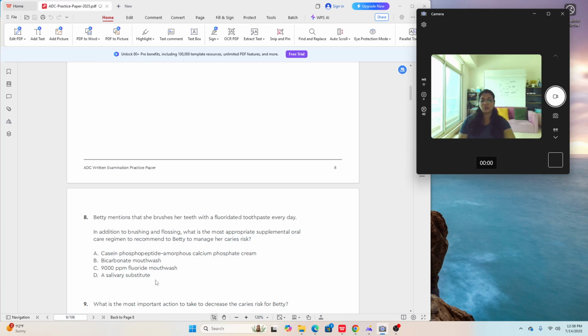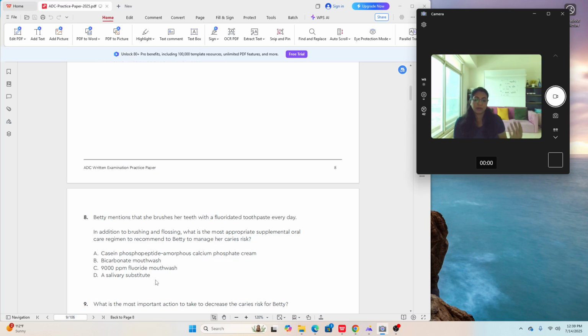A salivary substitute, again, salivary substitute is very helpful, but it is not what the teeth need. I mean, the teeth definitely need cleansing by the saliva. Salivary substitute is not a wrong answer. I would also give it as a supplemental oral care regimen, but if I have to choose the most appropriate, then I would go with GC Tooth Mousse, that is casein phosphopeptide, amorphous calcium phosphate, CPP-ACP cream, because that is a very pure form of concentrated tooth mineral-like structure which is going to strengthen the tooth.